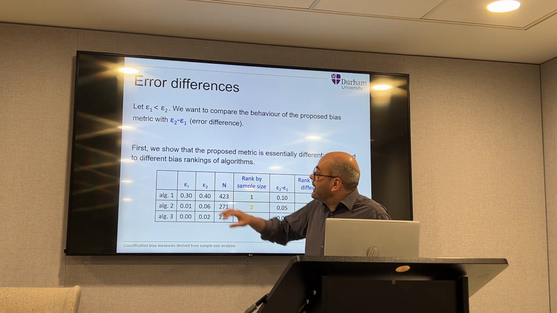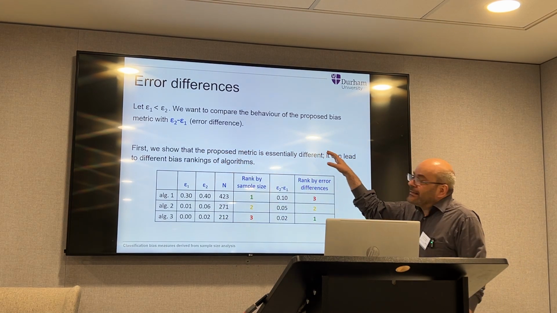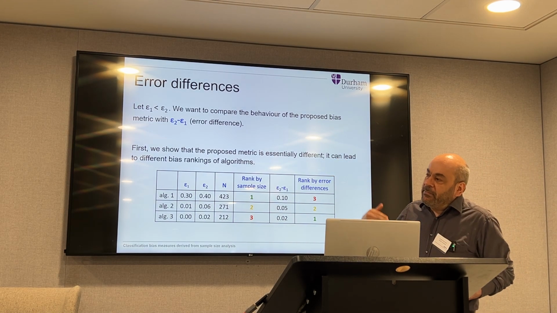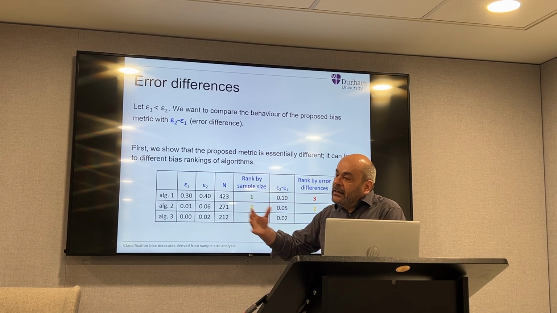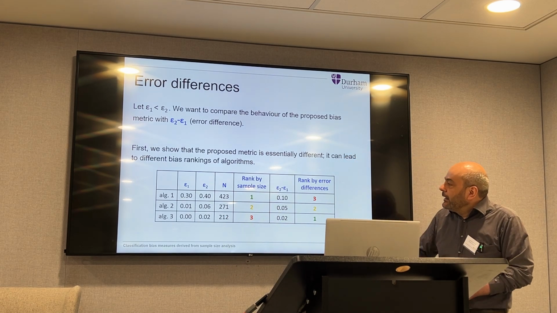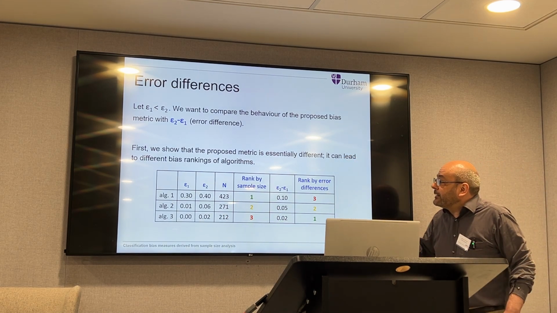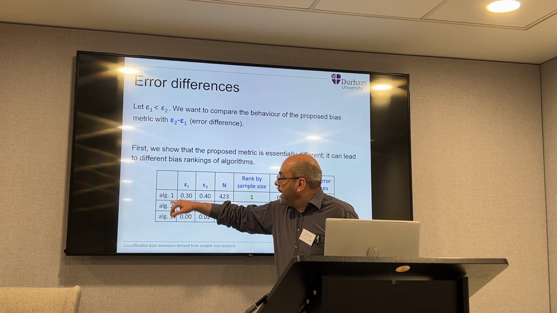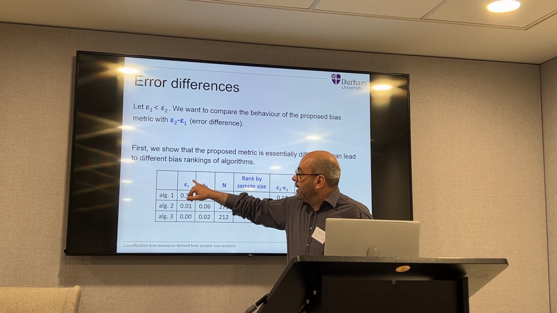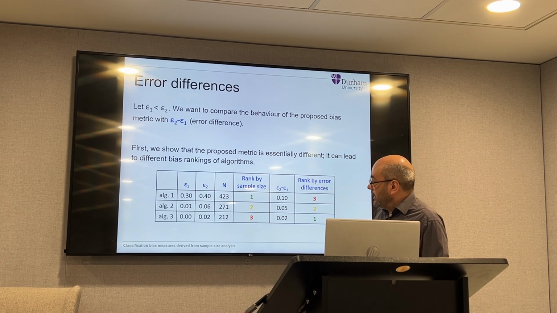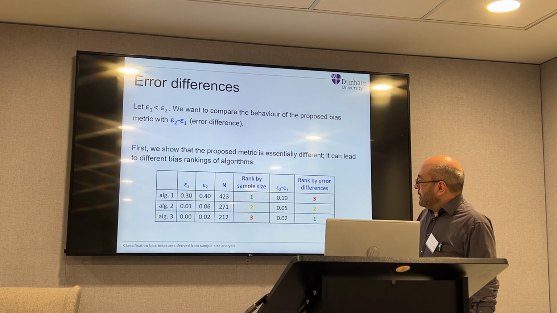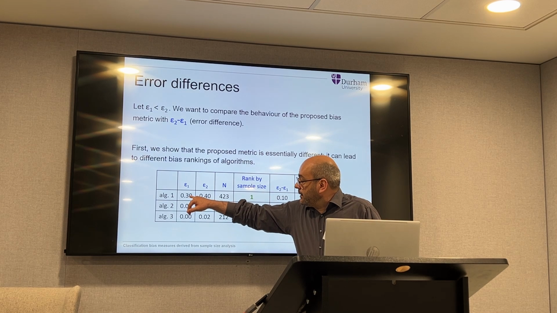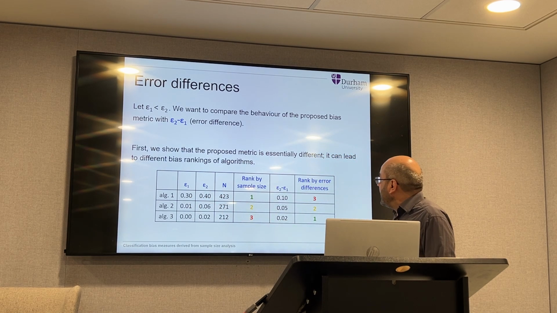The first thing is that we want to show that it is essentially different. I didn't just apply a function and put some numbers while nothing really changed. You can see in this example I have three classifiers. Here are the error rates in the first and the second demographic. For example, 30% error, 40% error.